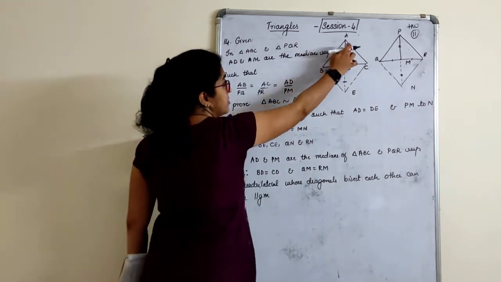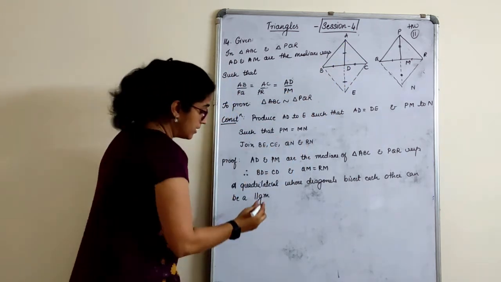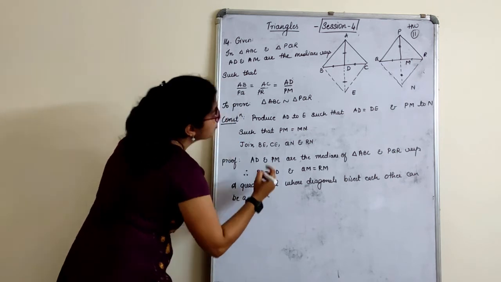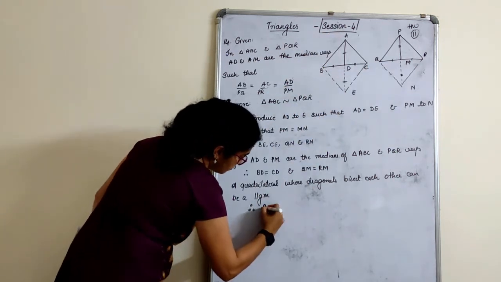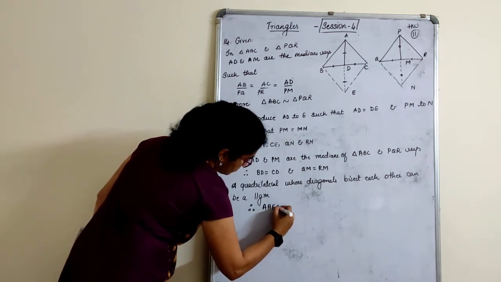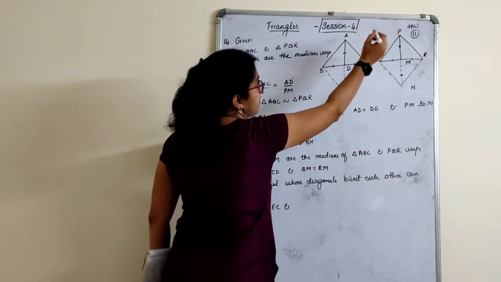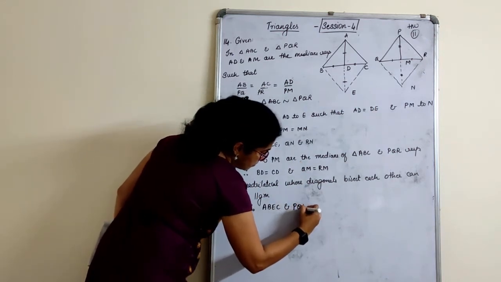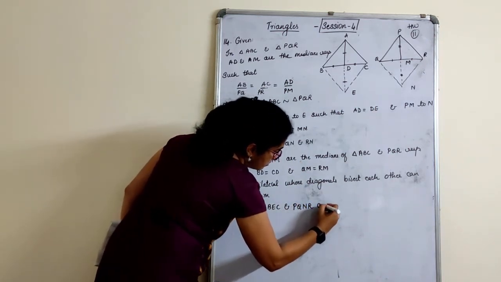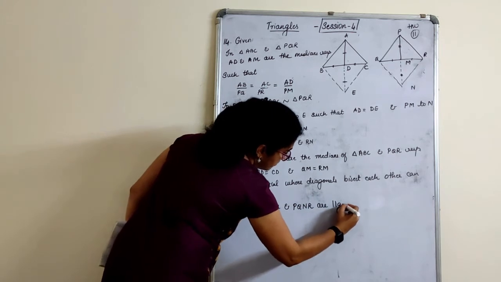See here, this is equal to this and this is equal to this from that. Therefore, ABEC and PQNR are parallelograms.